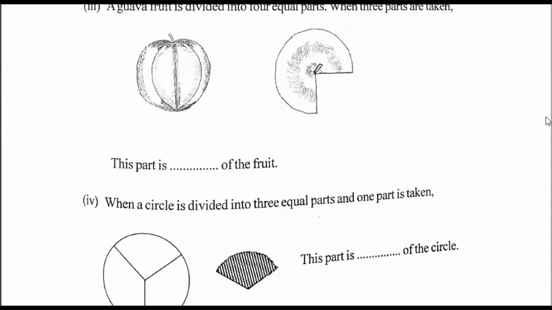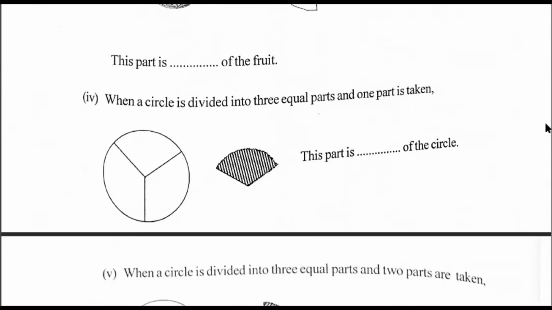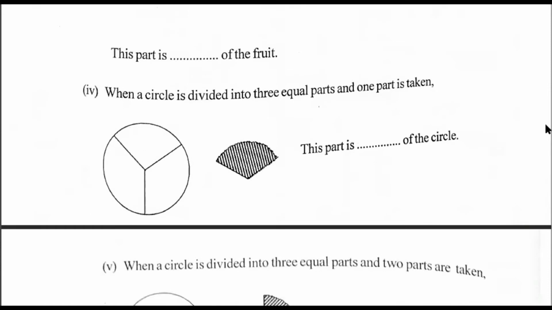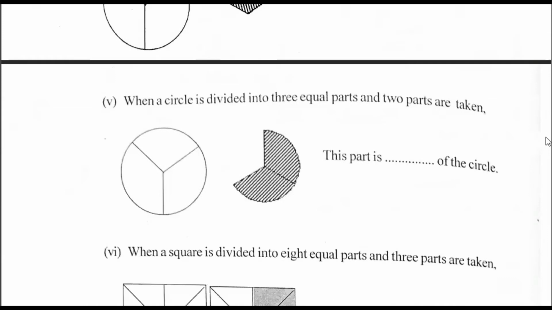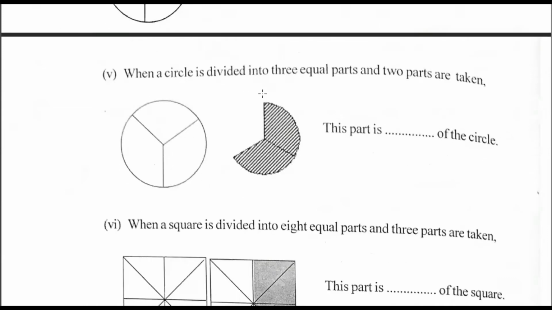Third one, 3 over 4, or else 3/4. Fourth one, 1 over 3, or else 1/3. Fifth one, when a circle is divided into 3 equal parts and two parts are taken, then we can write it as 2 over 3, or else 2/3.